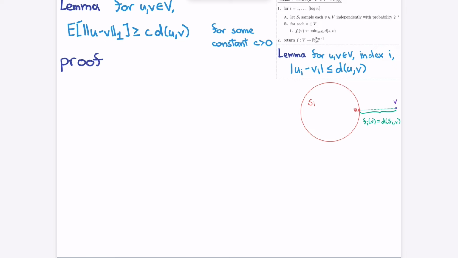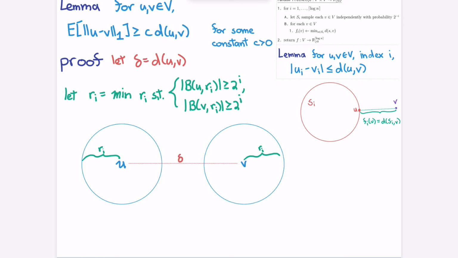Okay, so this is the more subtle part. The setup is very subtle. For ease of notation, I'll let delta denote the distance between them. And then here's the clever thing. For every index i, say from 1 to log n, we're going to choose R_i to be the smallest radius so that if I drew the distance R_i ball around each one, each has at least 2 to the i vertices.